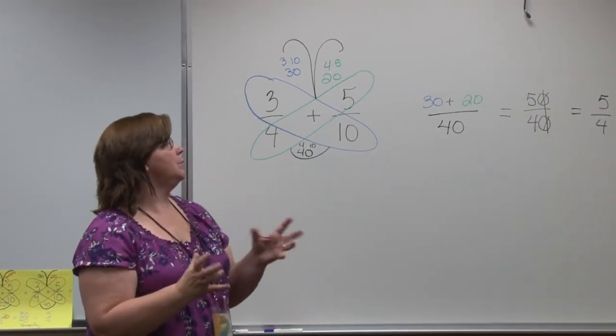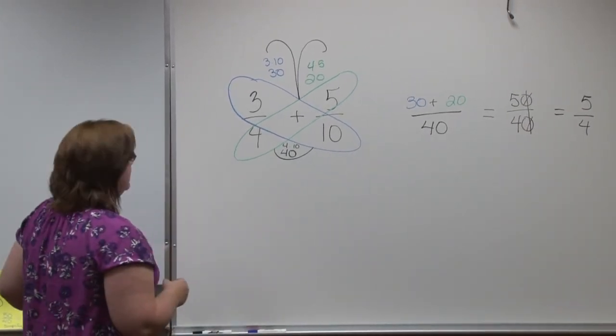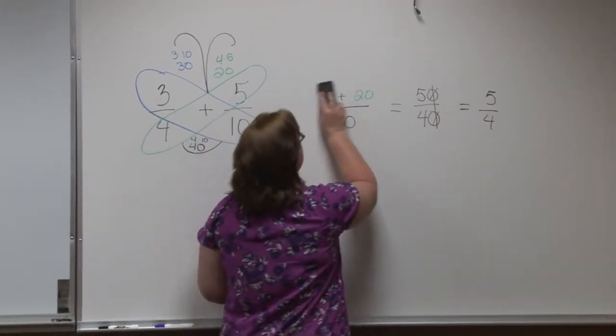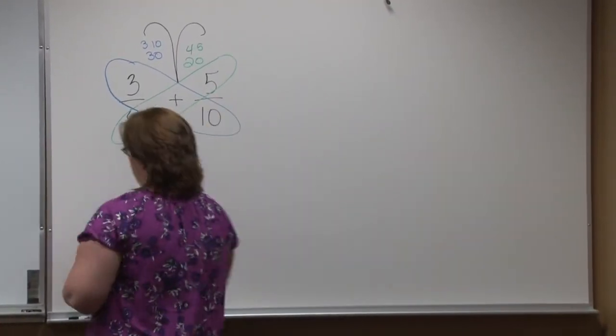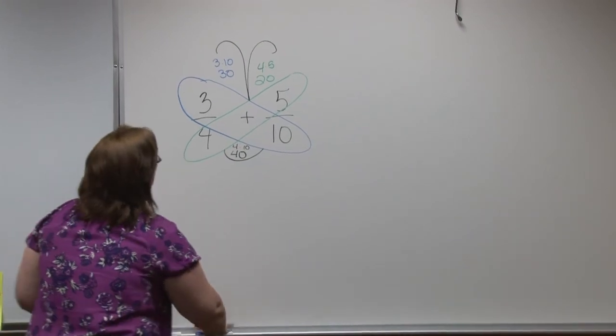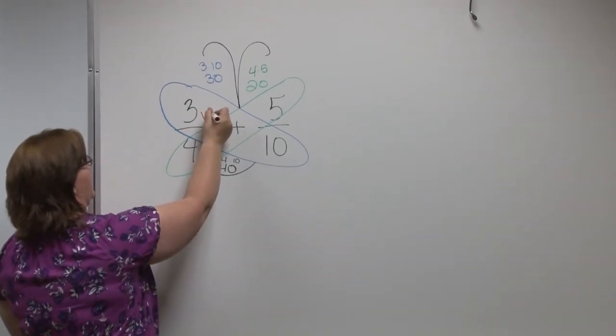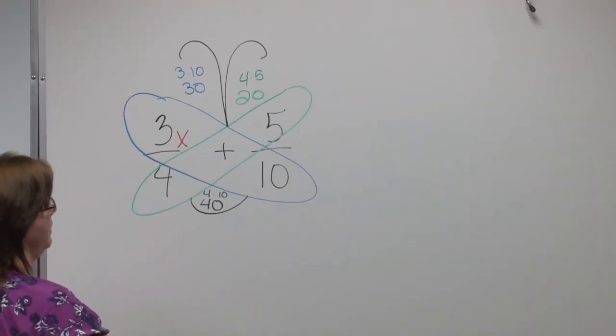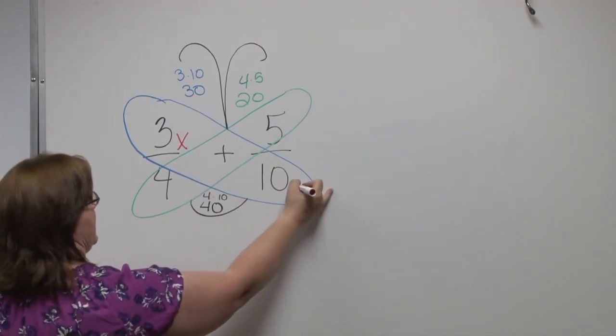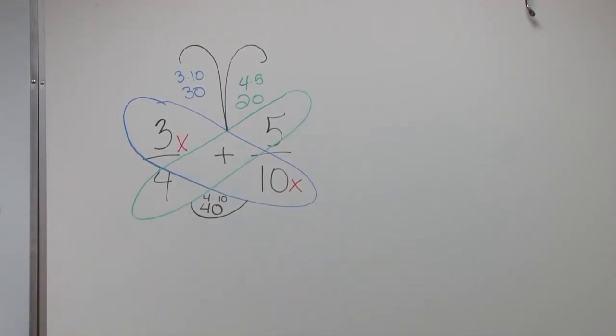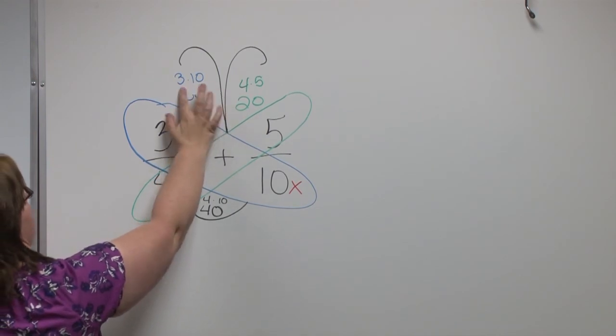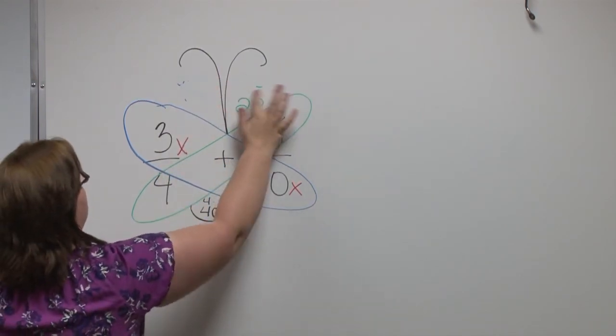So I'm just going to do a real quick modification, and then we'll let you guys have an activity. So let's say we start with 3x, and we start with 10x on the bottom here. All it will change is what our answer is in these sections.